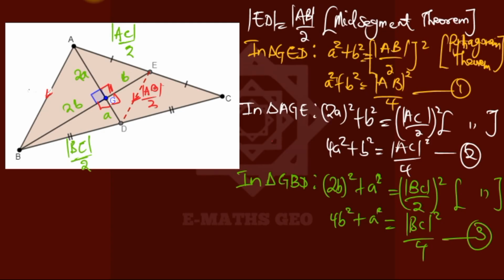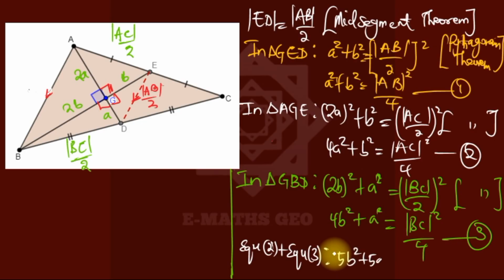Let's call it equation 3. So let's add equation 2 and equation 3. You notice that we have 5b squared plus 5a squared is equal to AC squared plus BC squared divided by 4.